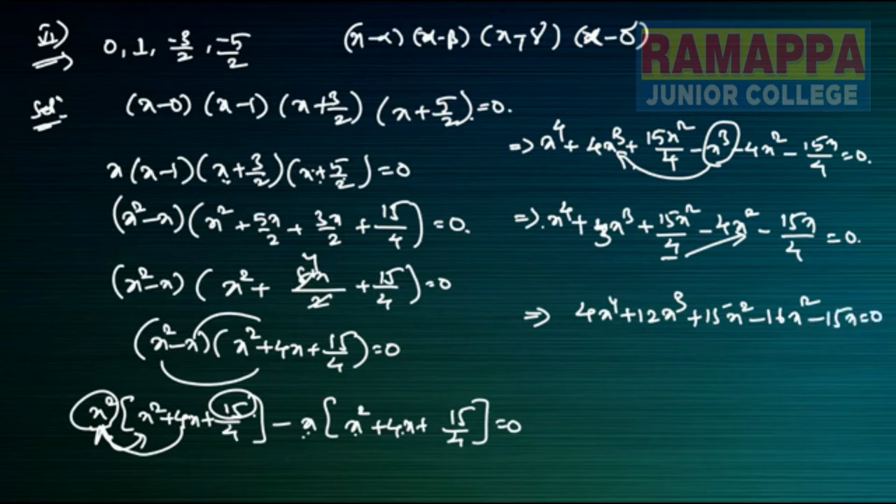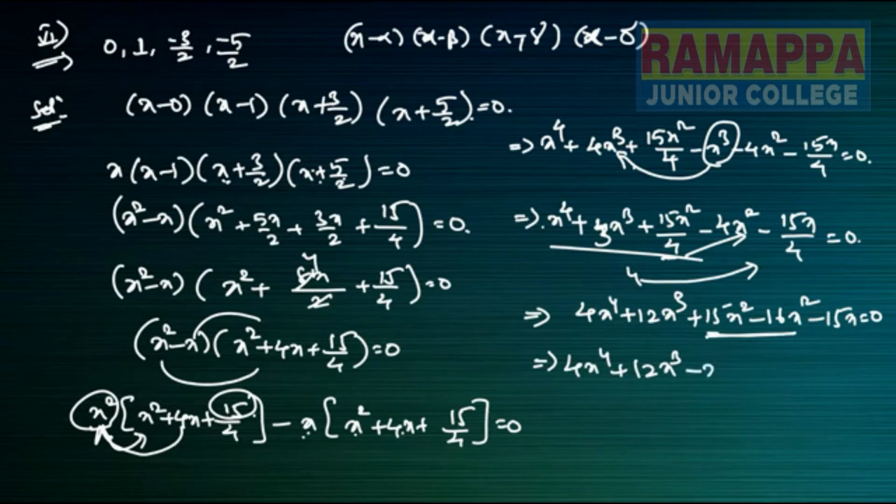So this total denominator of 4 goes to the right side of the equation and it will become 0. Now the answer will become 4x to the power of 4 plus 12x cube, minus x square will come, minus 15x is equal to 0. This is 15x square minus 16x square, which is minus x square. So this is the answer here.